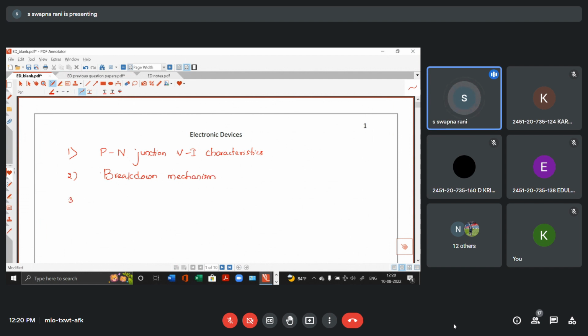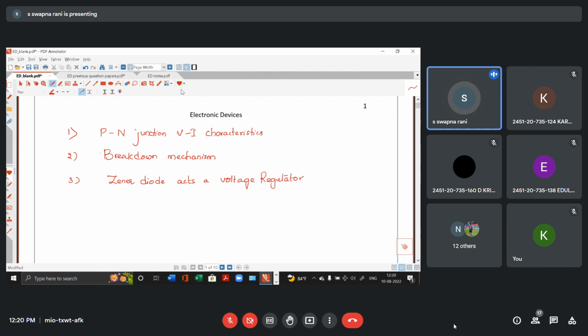And the third one is how a Zener diode acts as a voltage regulator.